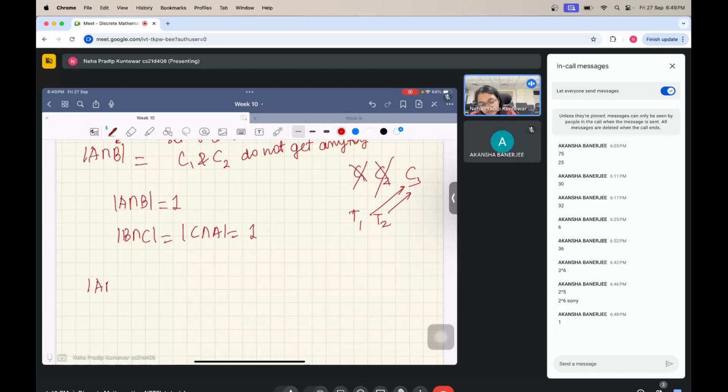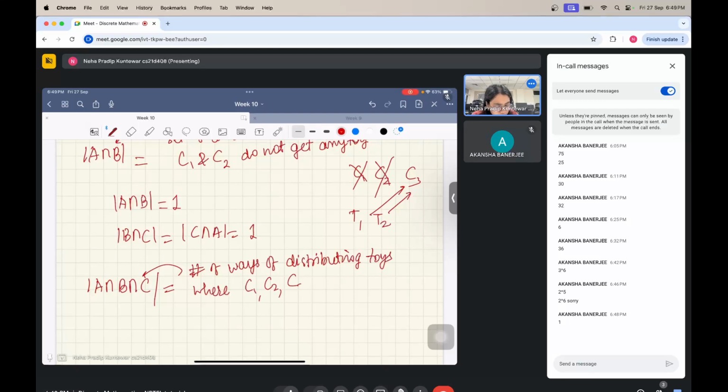Now what we want to find is the third component of our formula, which is A intersection B intersection C. So what does this mean? This is the number of ways of distributing toys where C1, C2, C3 each get no toy.